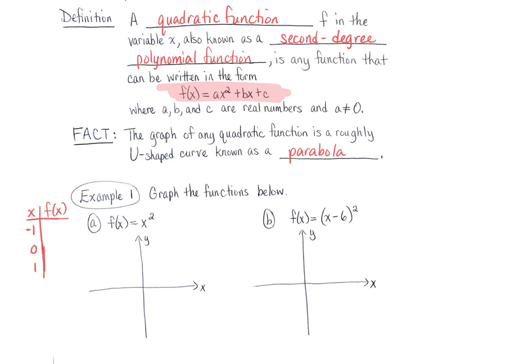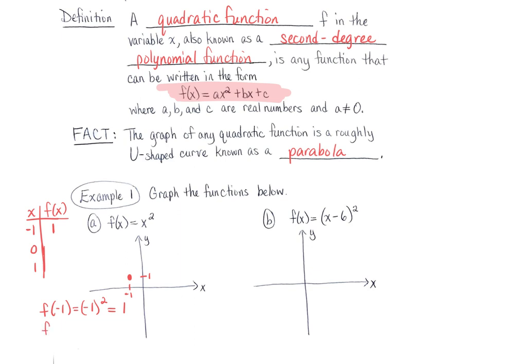So f of -1 is equal to -1 quantity squared, which is what? 1. Very good. So that means we have -1, 1. So one point on our graph, you go over to -1, go up 1. That's one point.